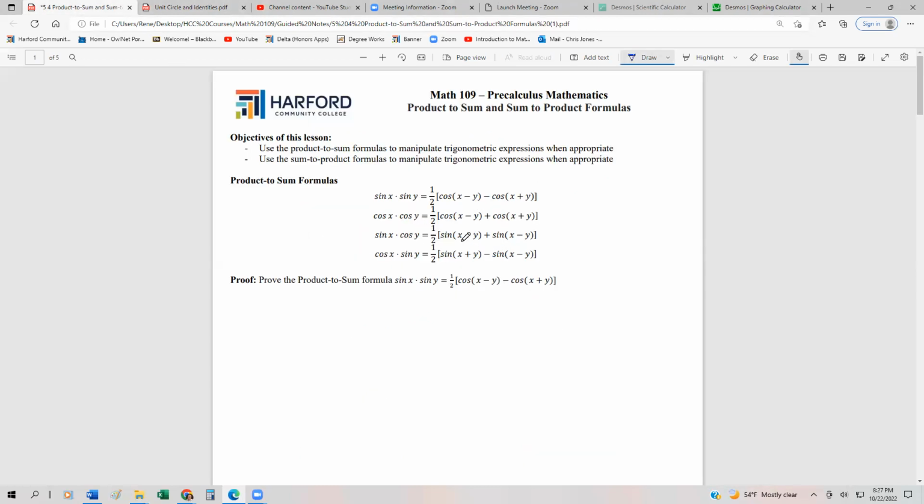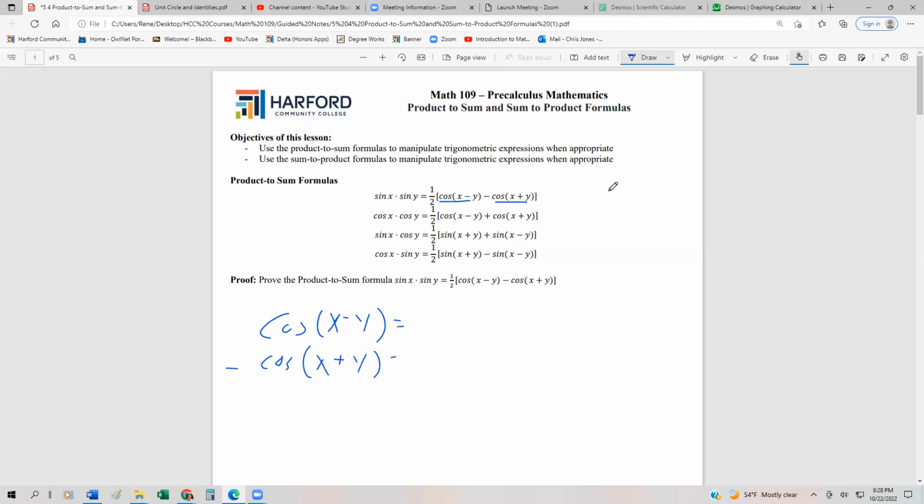Notice right here, if we want to prove this, we take x minus y and x plus y. So we're going to have cos of x minus y, and from that, we're going to subtract cos of x plus y.